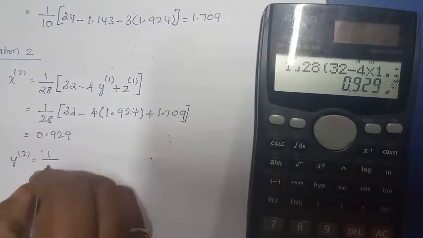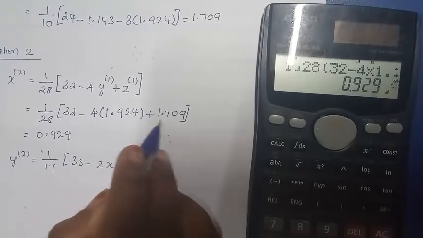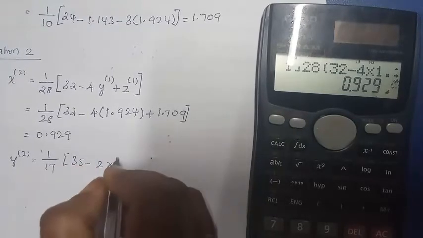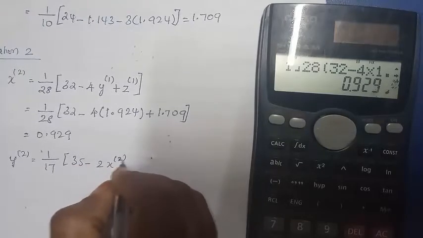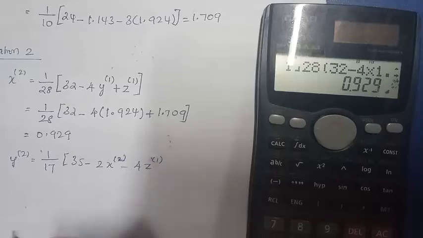Y value: 1 by 17, 35 minus 2. We have obtained the recent x value here. So the x value will be taken from the second iteration, minus 4 z value from the first iteration.